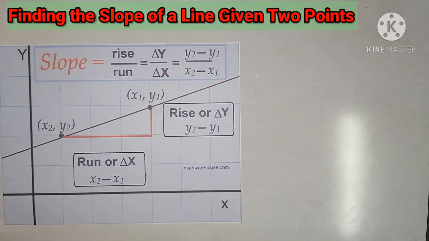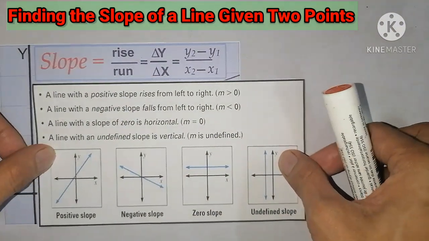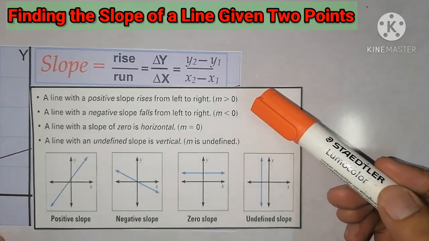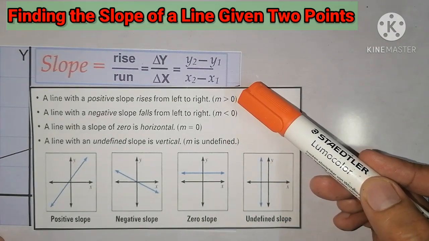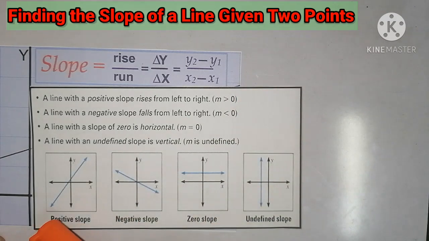But before we proceed to our examples, let us familiarize ourselves with the following properties of the slope. The first property is that a line with a positive slope rises from left to right, meaning if m is greater than 0, the line inclines to the right. This is an example of a line having a positive slope.